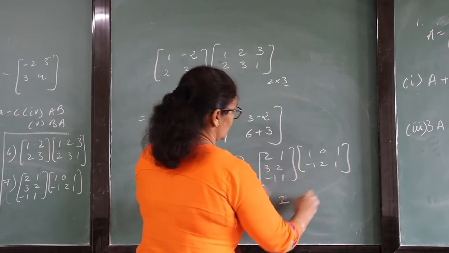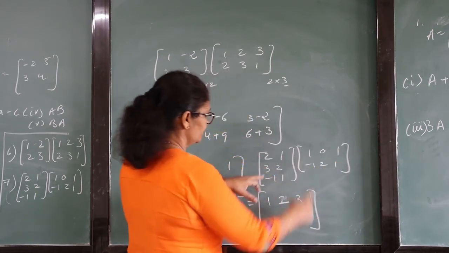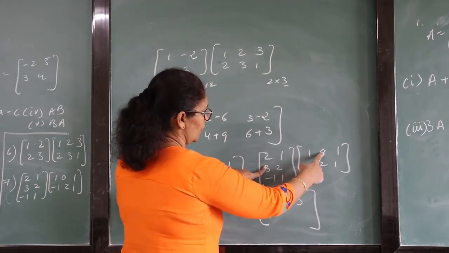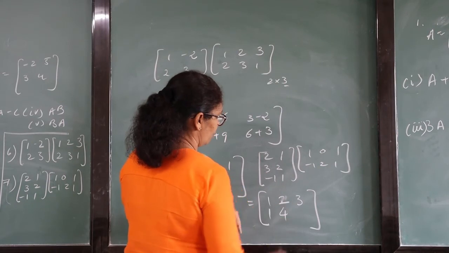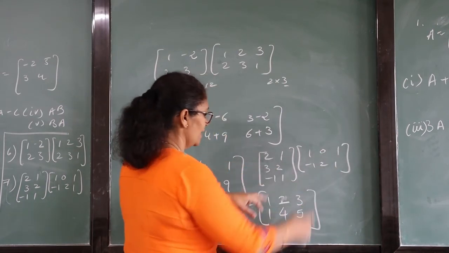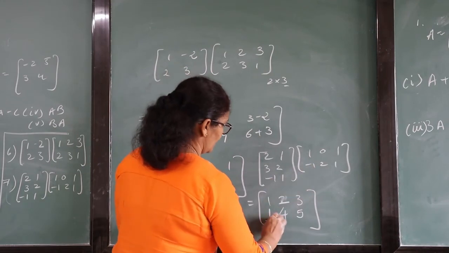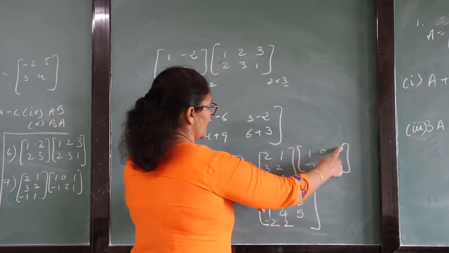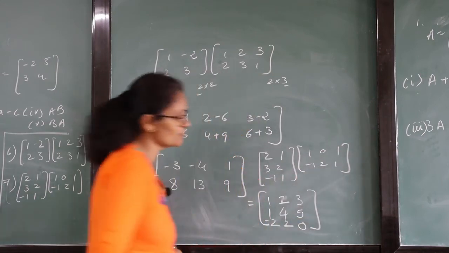Same way, 2 ones are 2 plus 1 will be 3. Now 3 ones are 3, minus 2 means 1, 0 into 3 is 0, 2 twos are 4, 3 ones are 3 plus 2, 3 and 2 will be 5, minus 1 will be minus 2, 0 plus 2 will be 2, minus 1 plus 1 will be 0.